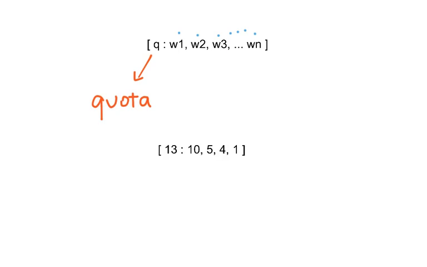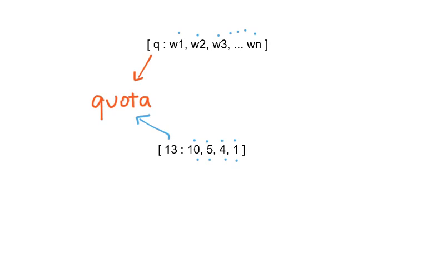So, for example, looking at this weighted voting system, we can see that our quota is 13, and we have 4 voters. We have a 10-weight voter, a 5-weight voter, a 4-weight voter, and a 1-weight voter.